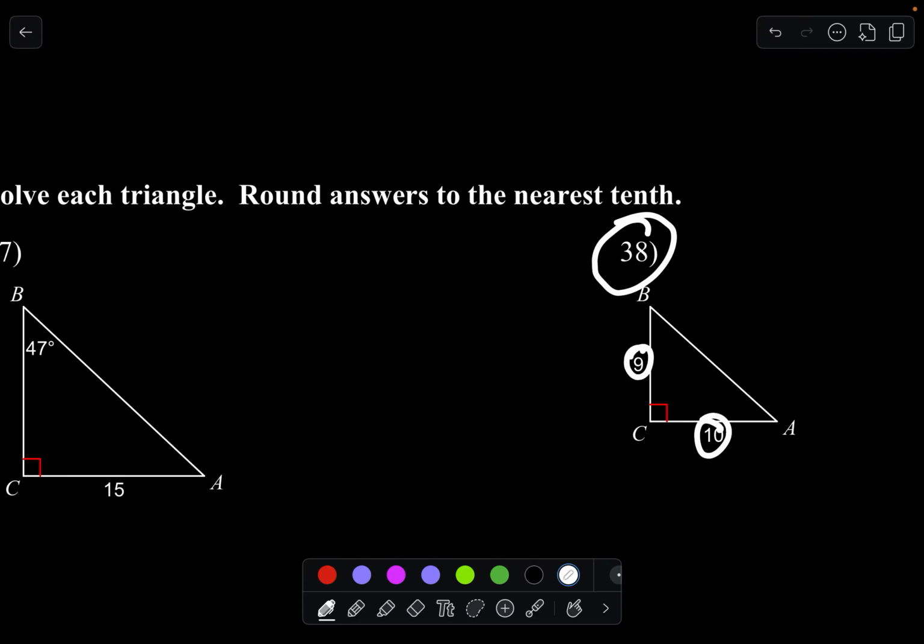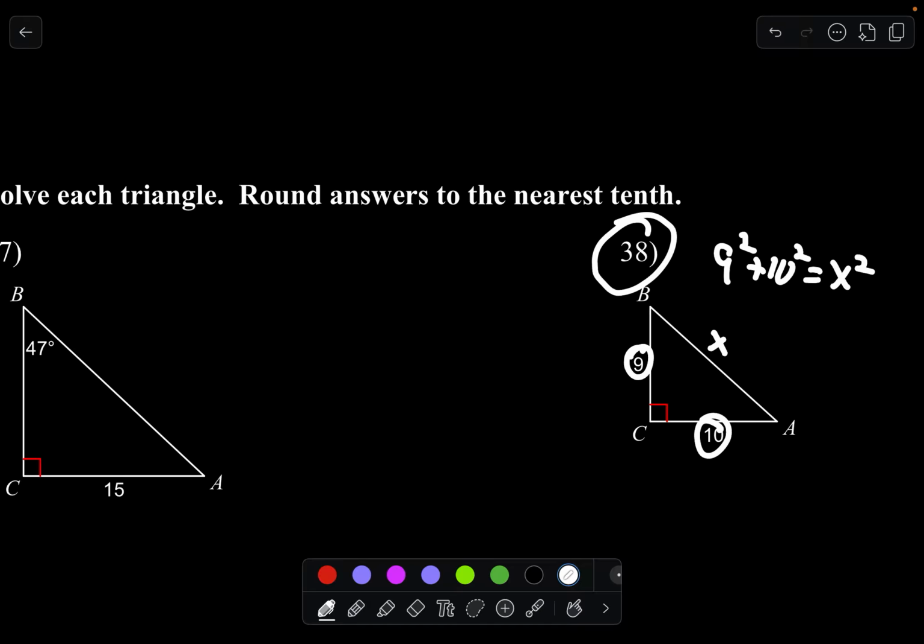So we're going to go 9 squared plus 10 squared equals x squared, where x is the hypotenuse. So 9 squared plus 10 squared is 181, and we're going to take the square root.